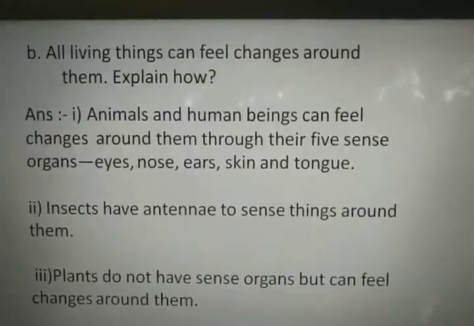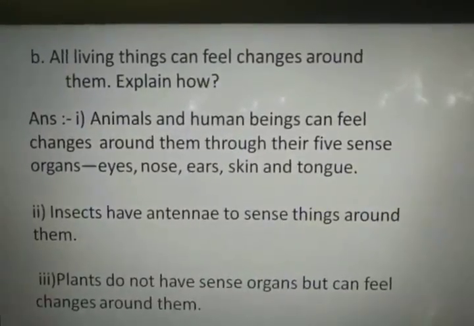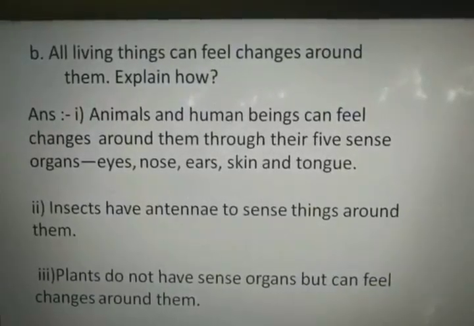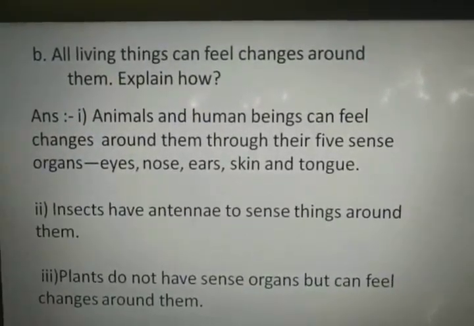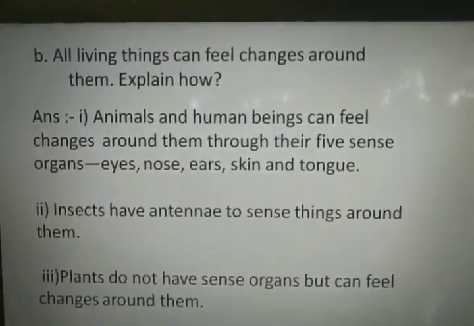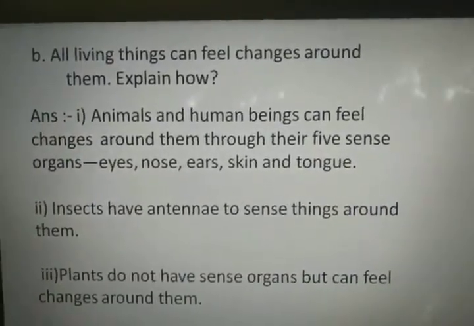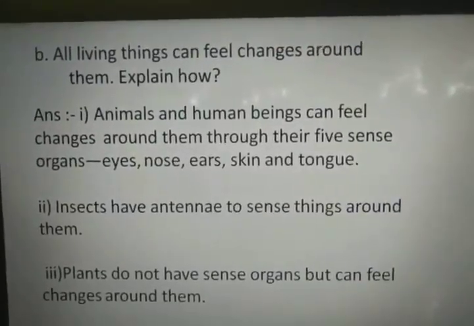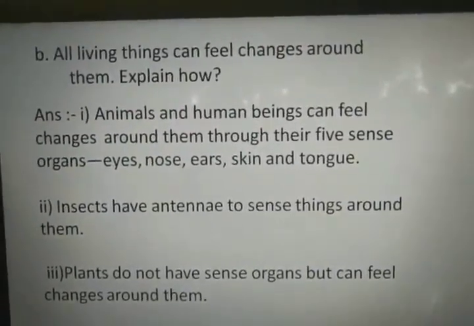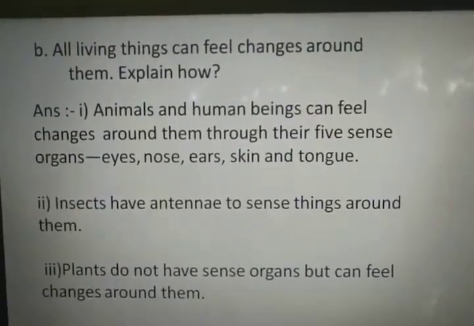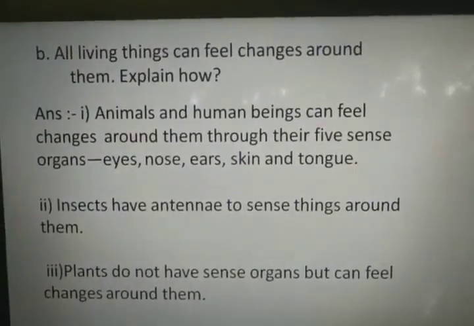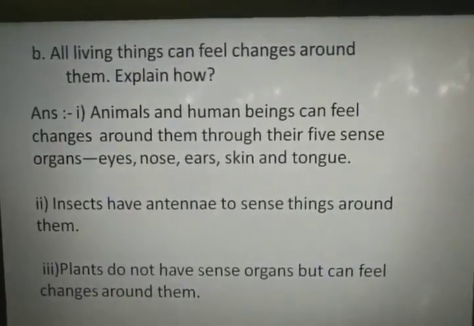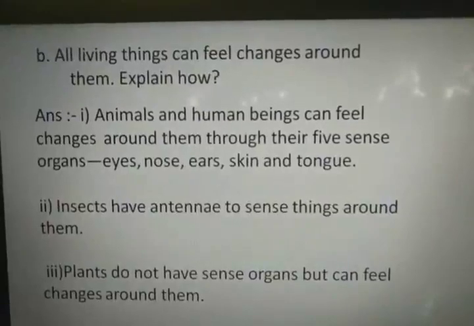You will leave one line and write the second point: insects have antennae to sense things around them. Then again we will leave one line. Third point: plants do not have sense organs but can feel changes around them.